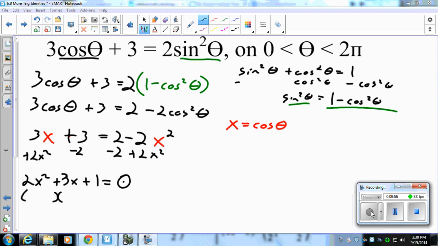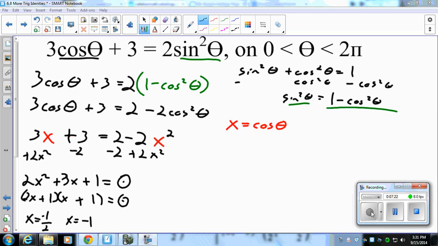Now that I have it set equal to 0, I can factor and use my zero product property. So I get 2x, x, 1 and 1, both going to be addition. I can see that to make this equal to 0, this gives me x is equal to negative 1/2, and this x is going to be equal to negative 1.